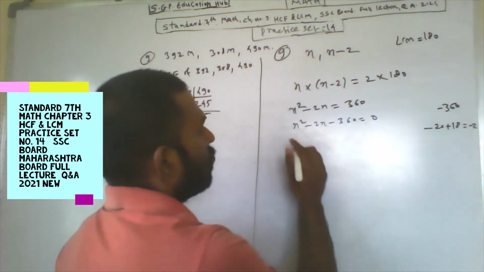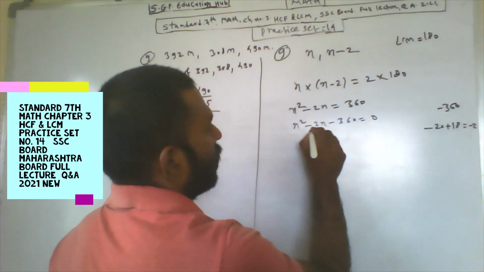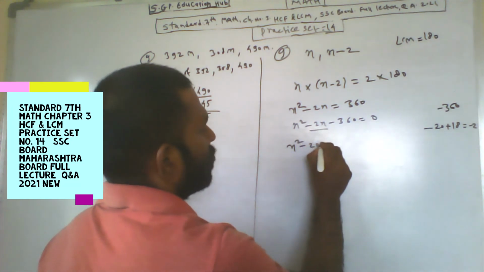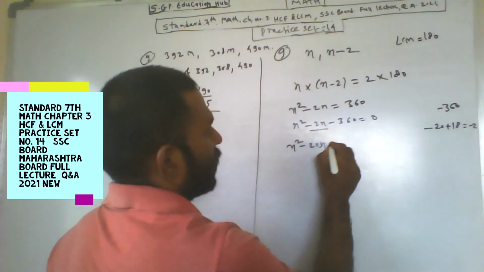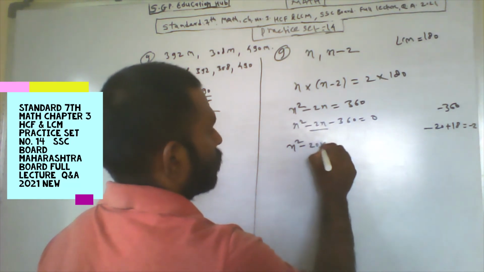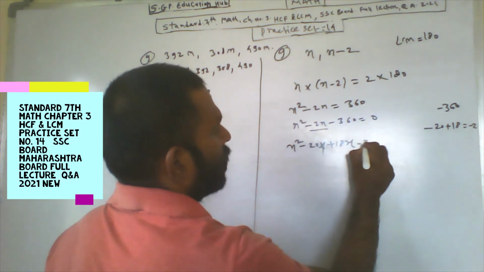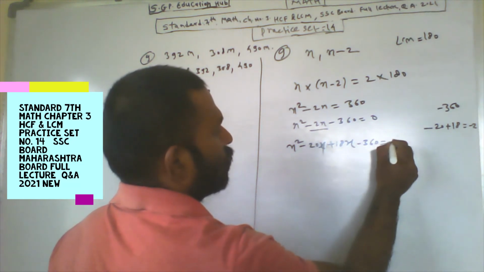So put the value in place of minus 2x: x square minus 20x plus 18x minus 360 is equal to 0.